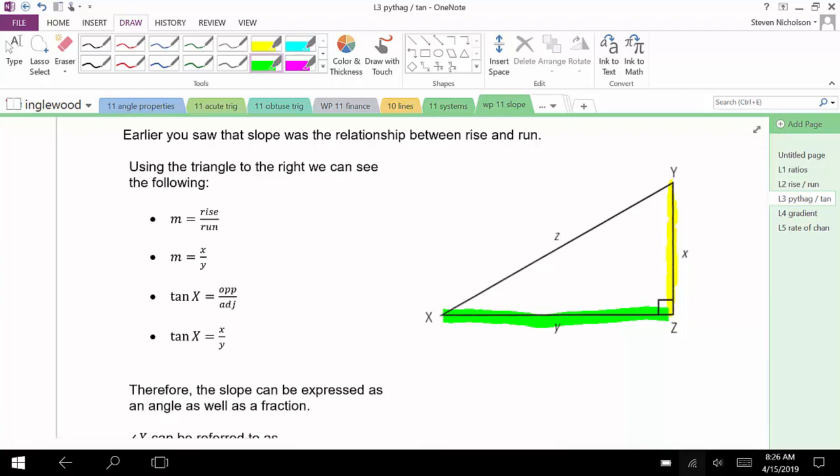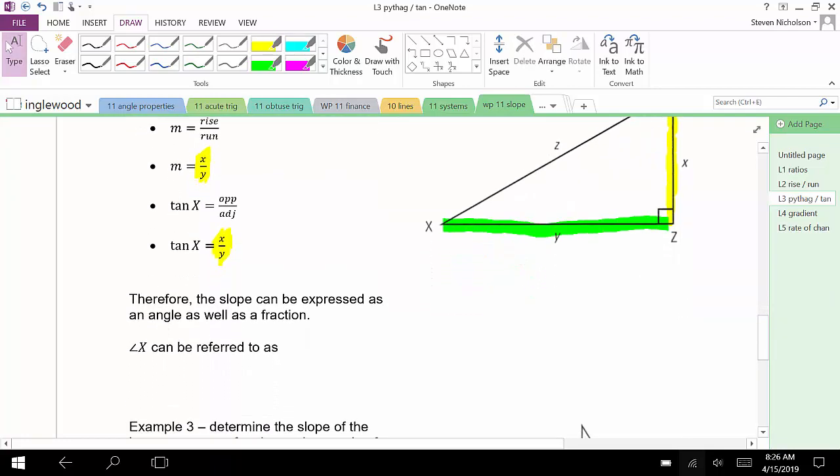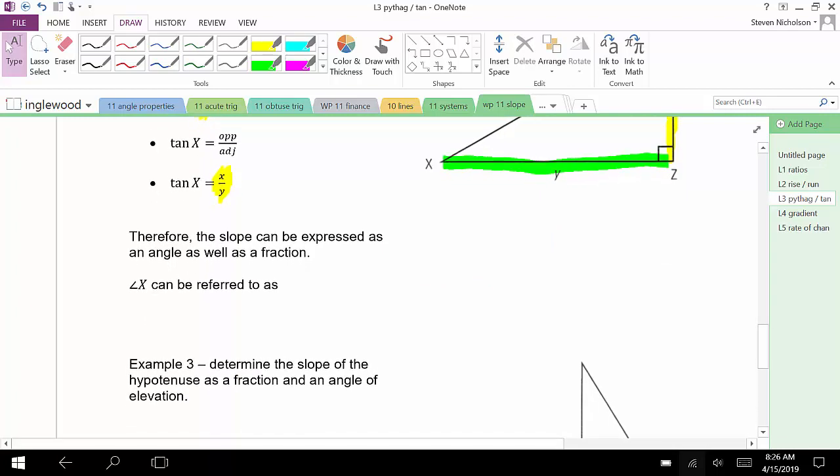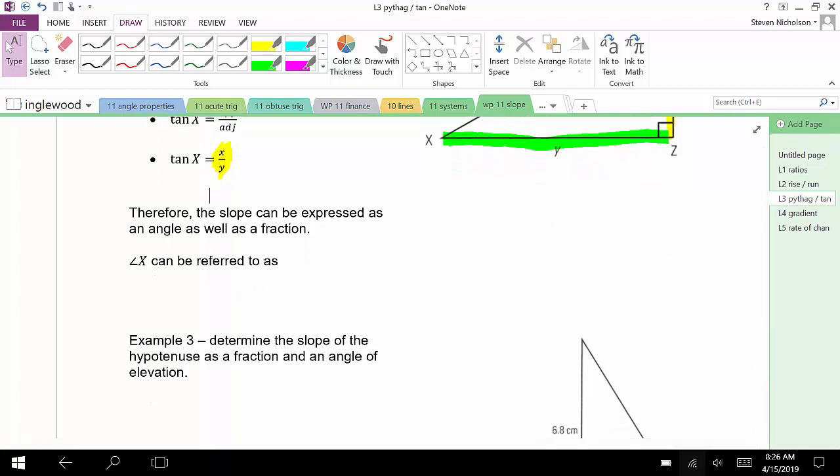We can look at it as simply an angle. So in this one, slope is rise over run, and in my triangle here, that's x over y. But I want you to recall that with trigonometry, the tangent ratio is opposite over adjacent, and relative to angle x, that is the same as slope. So another way to express slope is as a tangent ratio, and if we have the tangent ratio, we can actually express slope as an angle.